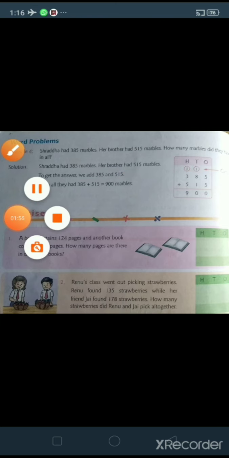Our question is: how many marbles did they have in all? So we will try to find the answer to this question.